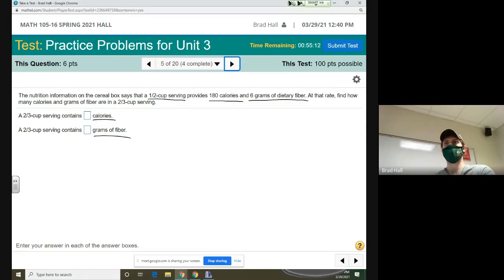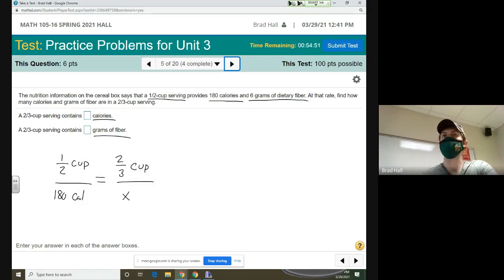This ultimately ends up being a proportion problem. So if we know that half a cup corresponds to 180 calories, then that proportion, in terms of looking at 2/3 of a cup, it's going to be some number of calories that we would like to know.